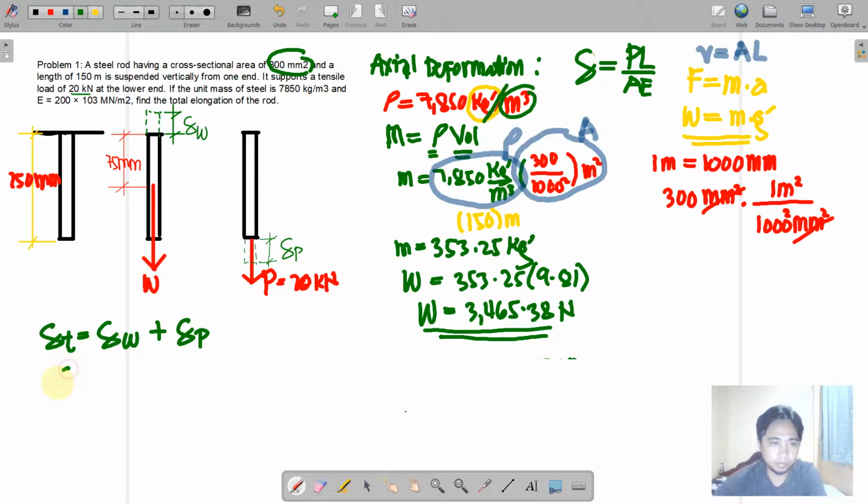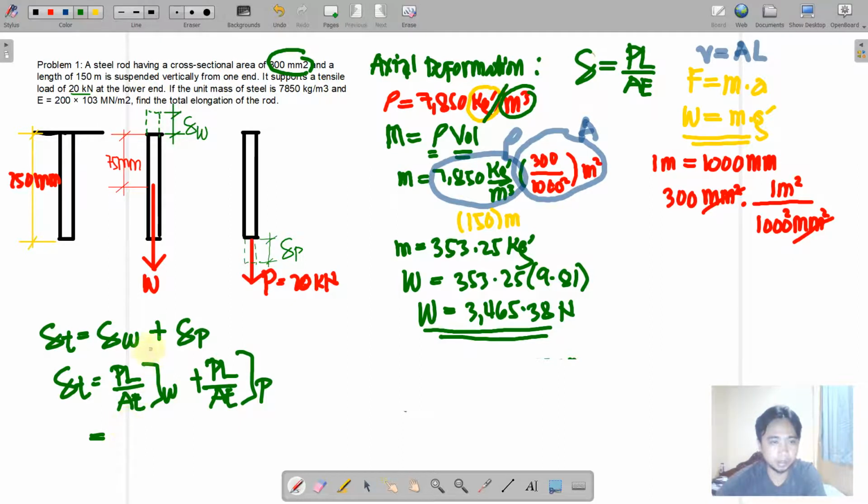So all we have to do is to apply the formula here. So this is PL over AE of the weight plus PL over AE of the pull. So we just have to substitute values.